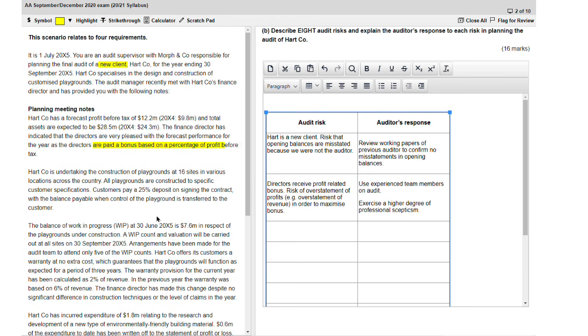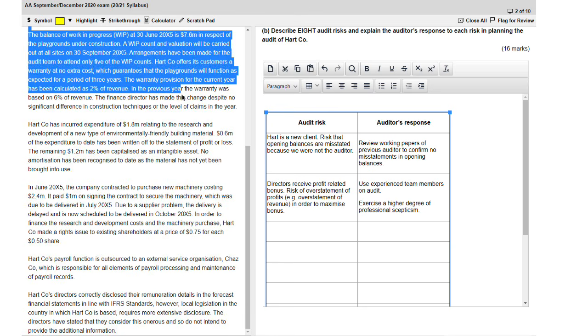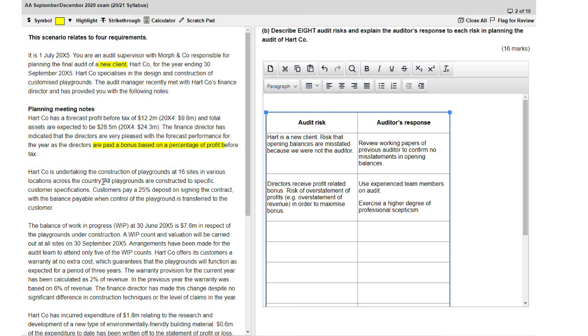Next paragraph is talking about the customers paying a 25% deposit. So customers paying a 25% deposit, that is definitely, isn't it, something which is related to revenue, because they might book the revenue before control is transferred to the customer.